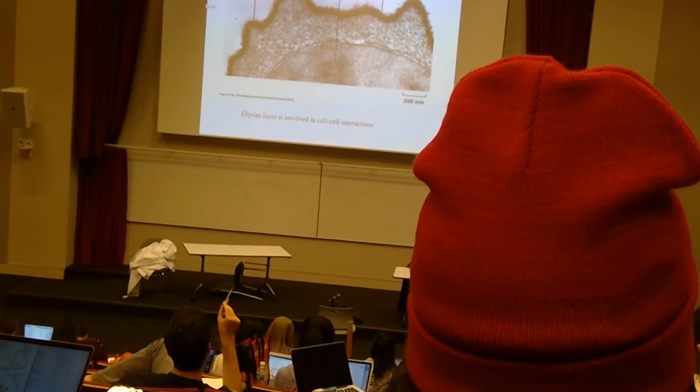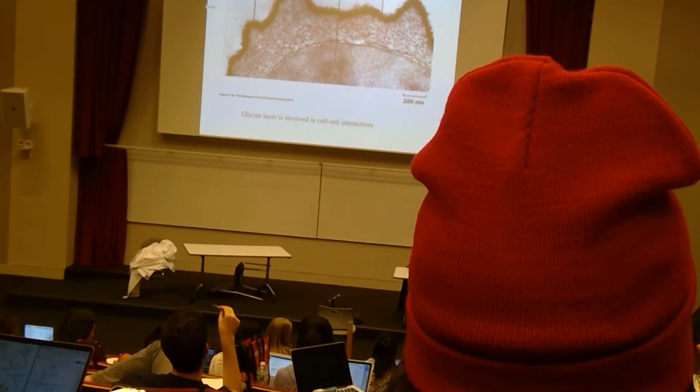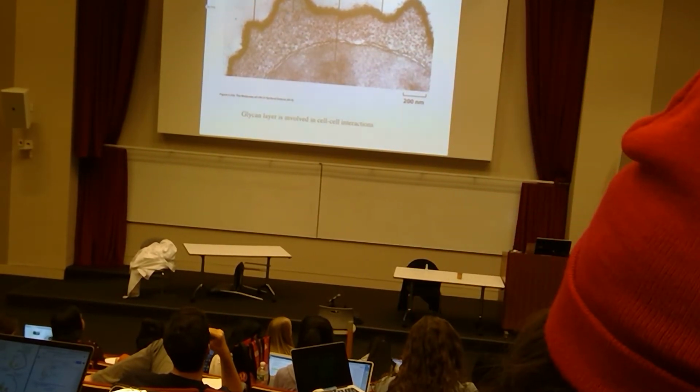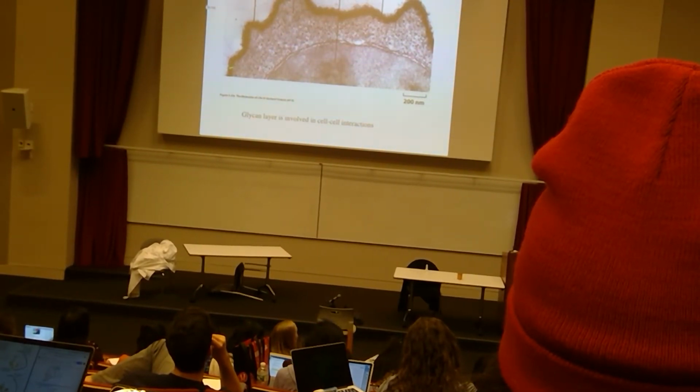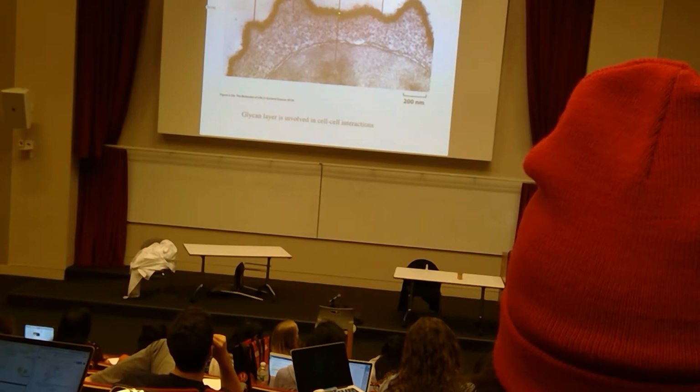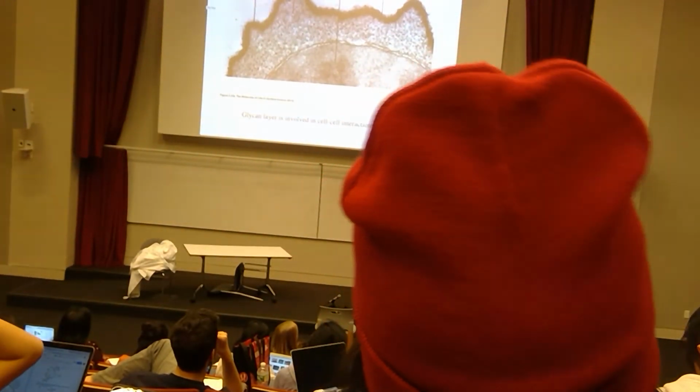So, recognizing that both proteins and lipids can be extensively glycosylated, we can take a look at this photomicrograph of the exterior of a cell and realize that there is a kind of a sweet coating all around the exterior of the cell. This is what's called the glycocalyx.